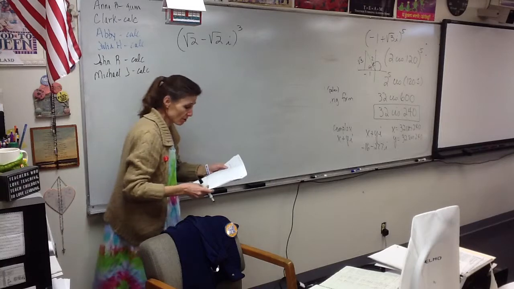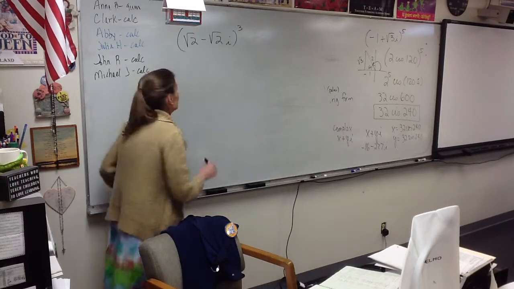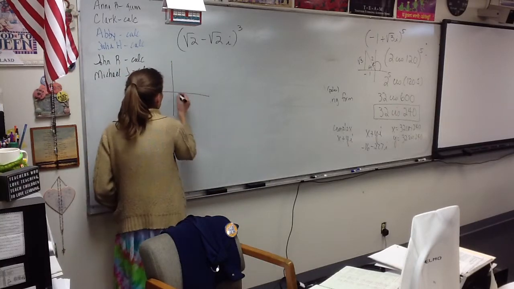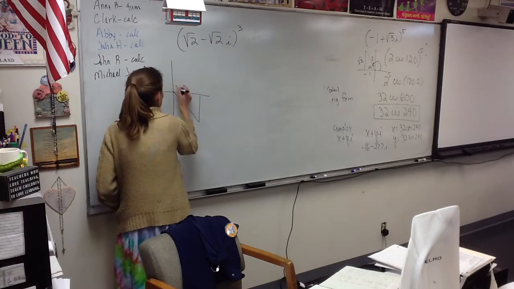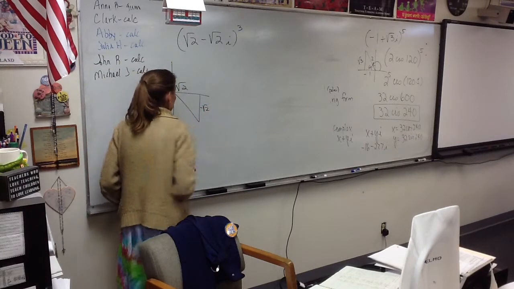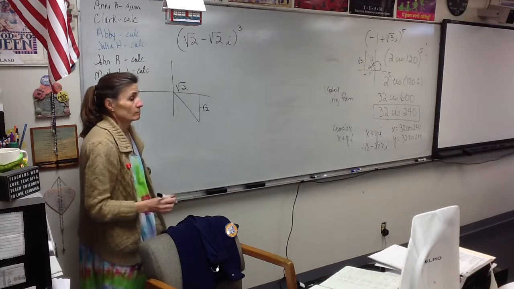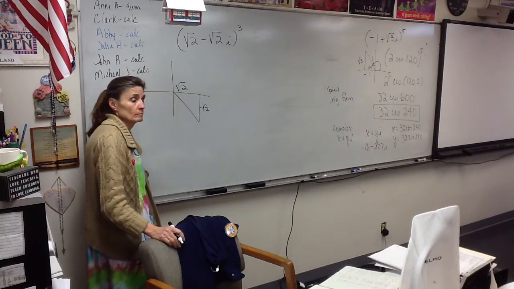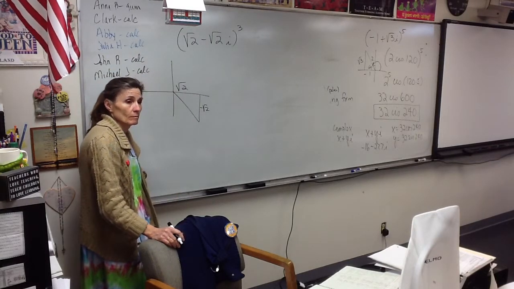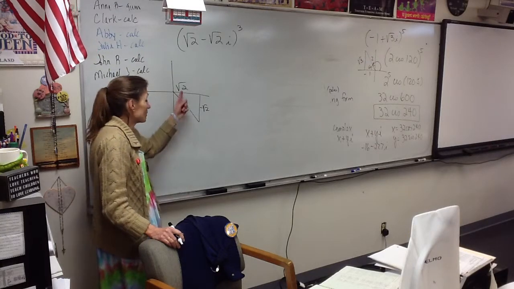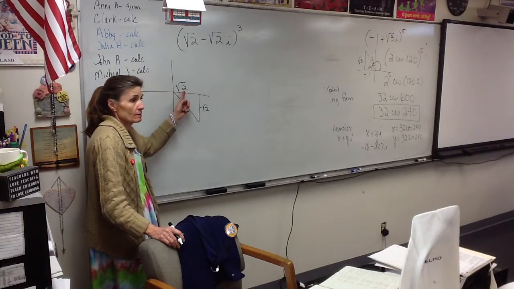Okay, well, how do we start? We need r and theta, so we'll draw a picture. This is over root 2 and down root 2. So if I square that, I get 2.